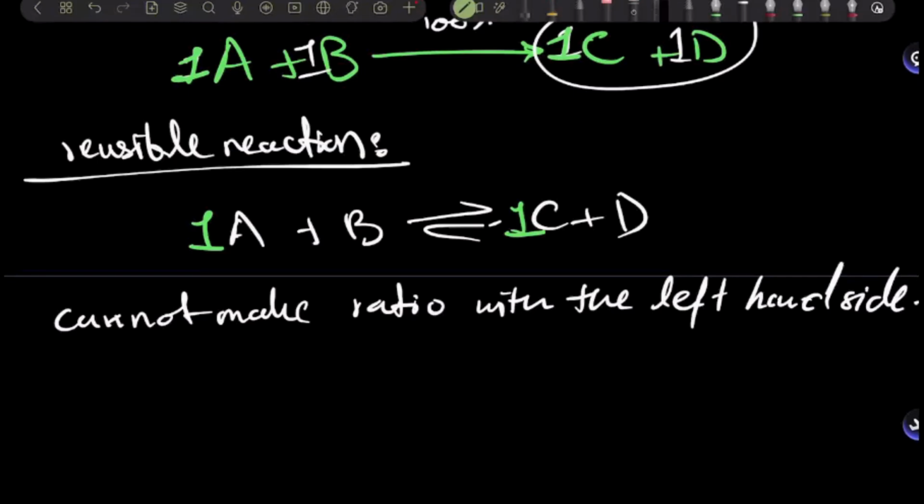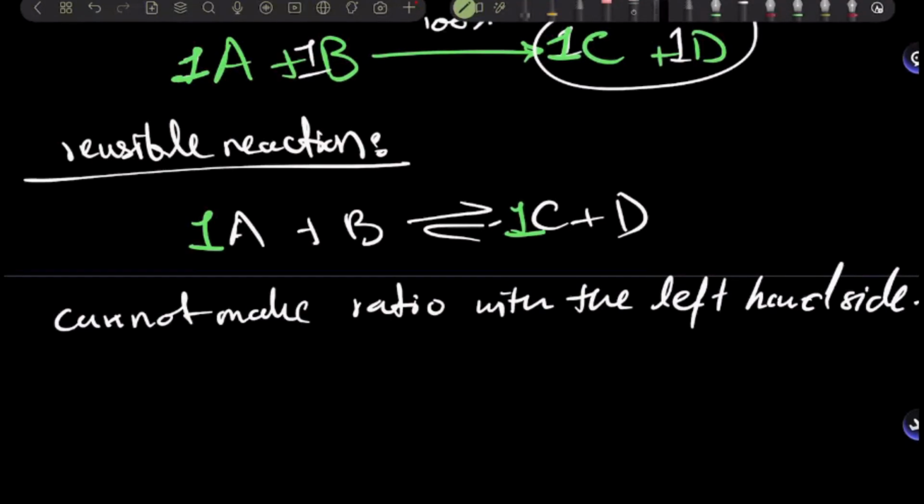So we had to form a way to quantify this equilibrium, so that we're able to find out how much product is supposed to be formed and how much reactants are supposed to be left at equilibrium. So it's basically a way of quantifying equilibrium. Are you clear?